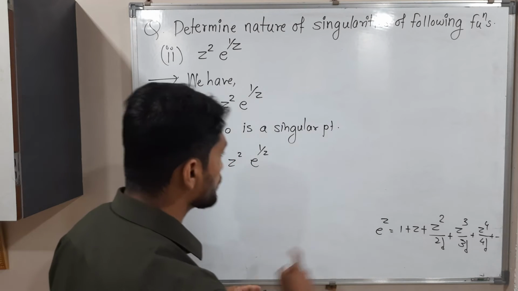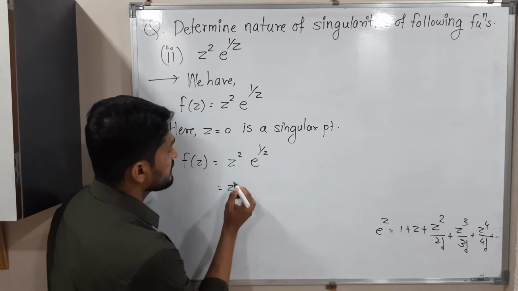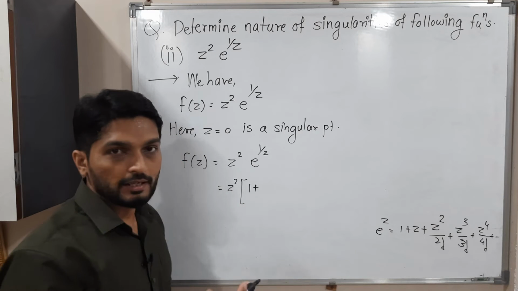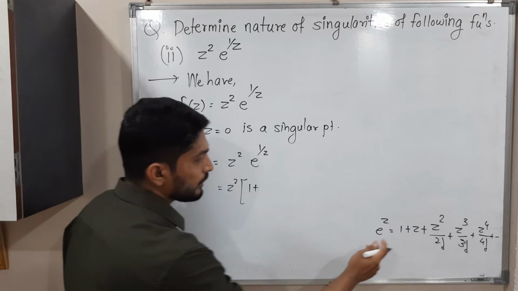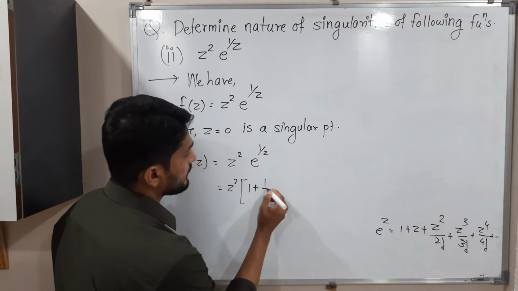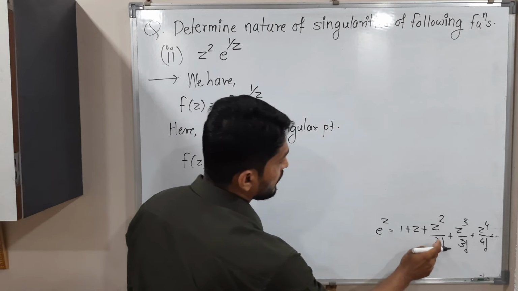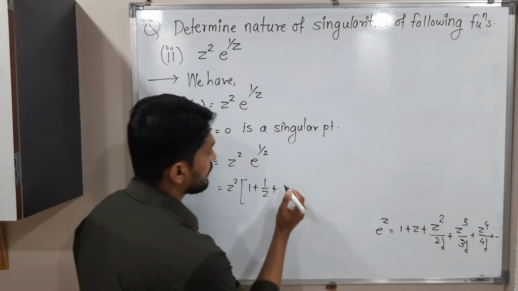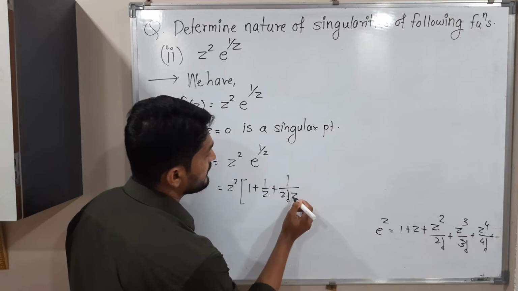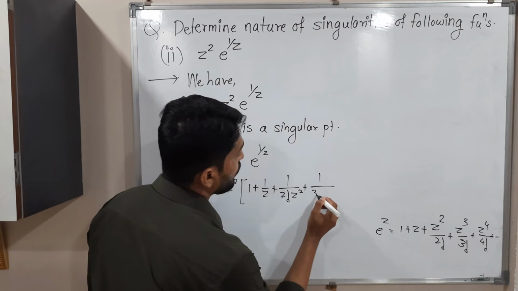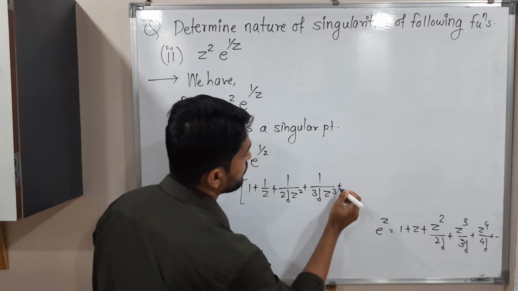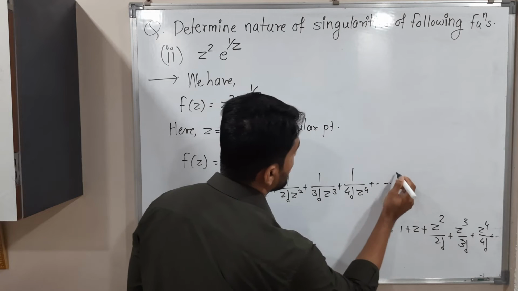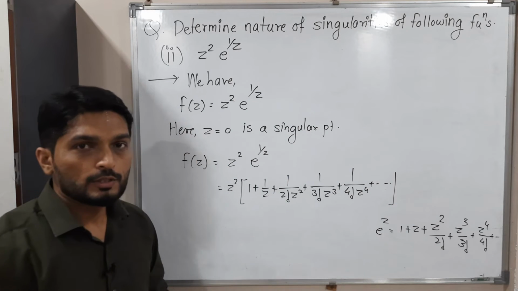Let us use this series. Z square times 1 plus 1 by z, since 1 by z is there, plus 1 upon 2 factorial z square, plus 1 upon 3 factorial z cube, plus 1 upon 4 factorial z raised to 4. This kind of series we will have. Let us solve the bracket.